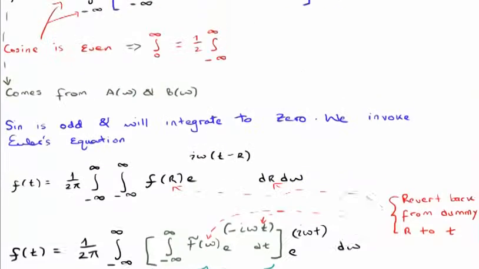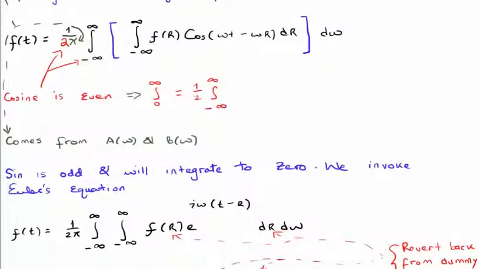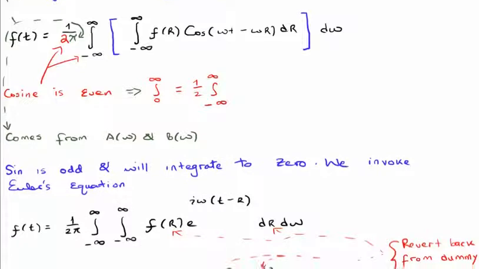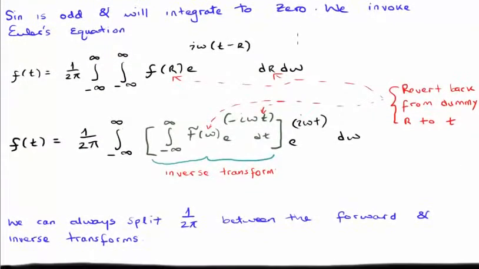Finally, using the trick I discussed earlier on in the video, where we introduce the sine which is going to integrate to 0 anyway, we can now incorporate Euler's equation and move from trigonometric cosine and sine to complex exponentials. Note the importance of our dummy variable r, which if it had been left at t wouldn't have allowed us to get to this particular expression.